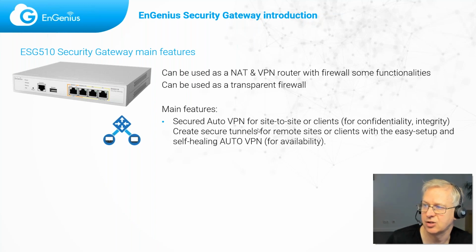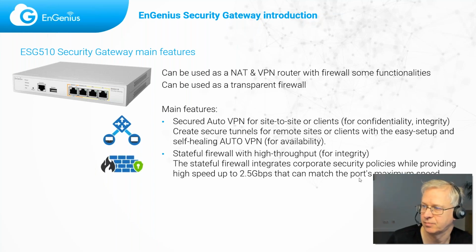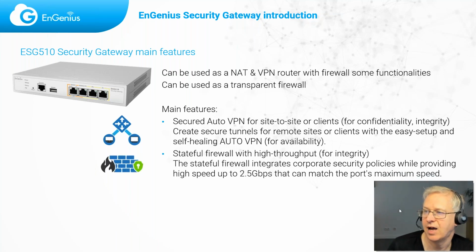So, secure VPNs for site-to-site or for clients, which will do our confidentiality and integrity. And our self-healing auto VPNs are also included, which supports your availability. Then we will have our stateful firewall with high throughput for integrity.